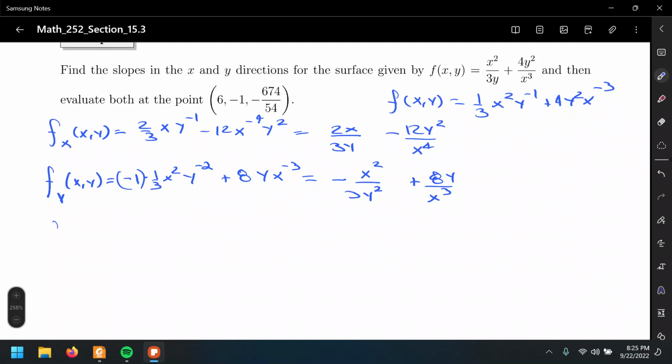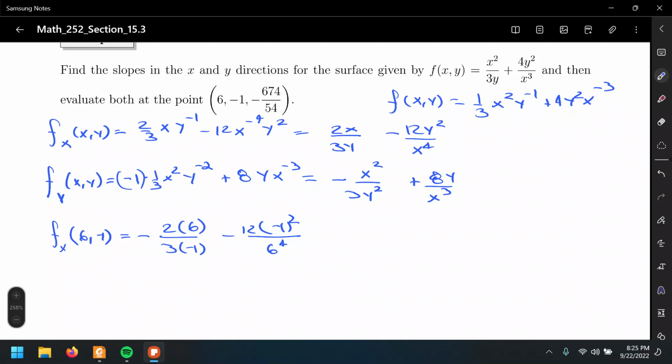So let's evaluate f sub x at x equals 6, y equals negative 1. So negative x, okay, so that's a 6 squared over 3 times 1 squared plus, oh, wait a minute, I think I'm mixing and matching here. Okay, so no, that's 2 times x, which is 6, over 3 times y, which is negative 1, minus 12 y squared, which is negative 1 squared, over x to the 4th power, in this case 6 to the 4th power.